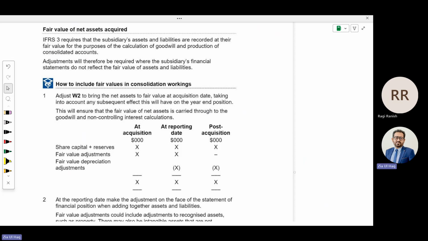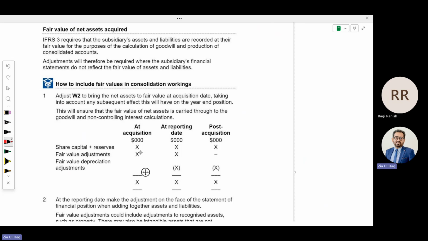And we calculate fair value of net assets using the share capital plus reserves. Reserves mean share premium, revaluation reserve, retained earnings. And if there is a change between fair value and book value of an asset, we need to adjust that change. How can we adjust that change? Fair value adjustment.